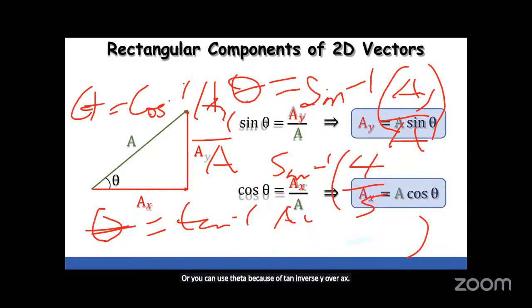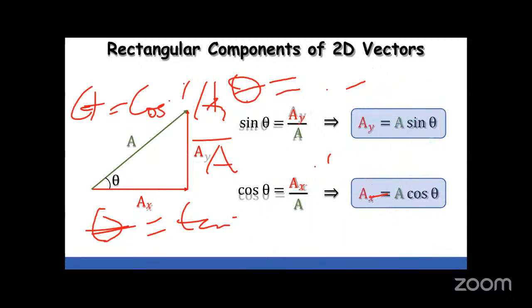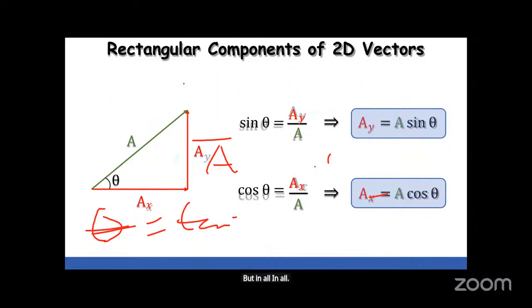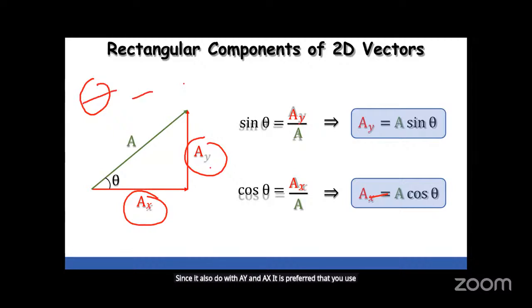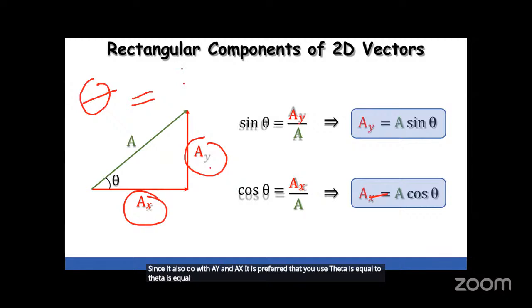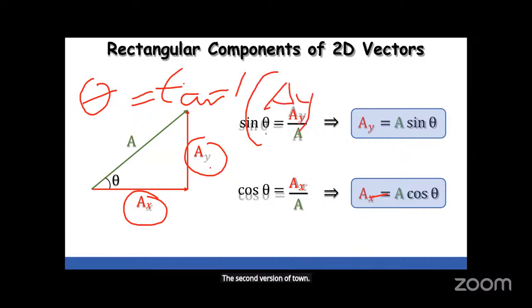But since it has to do with Ay and Ax, it is preferred that you use theta equal to tan inverse, the second function of tan, Ay over Ax, which is opposite over adjacent.